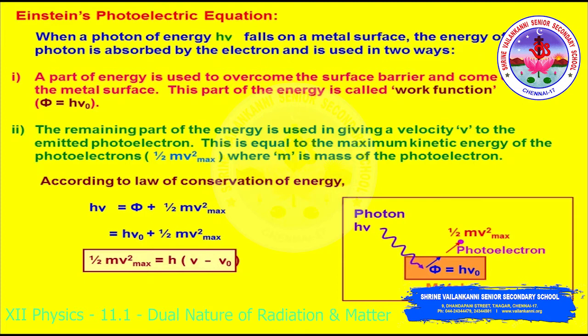This equation is Einstein's photoelectric equation. It helps to explain the effect of intensity, the effect of threshold frequency, and the explanation of kinetic energy. This helps to explain all those things, right?